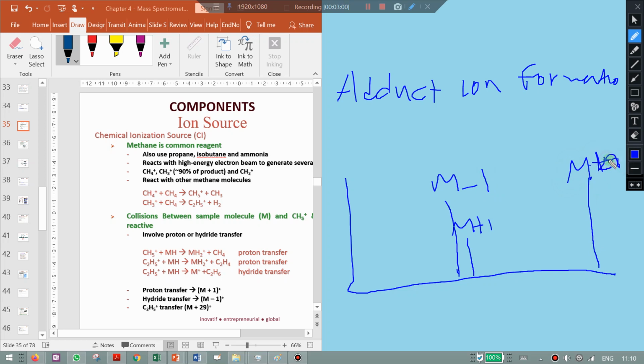You will get this in your mass spectrum. Let's say the question gives you this spectrum and asks you to describe this peak, the X for example. You need to be able to describe the adduct ion formation.